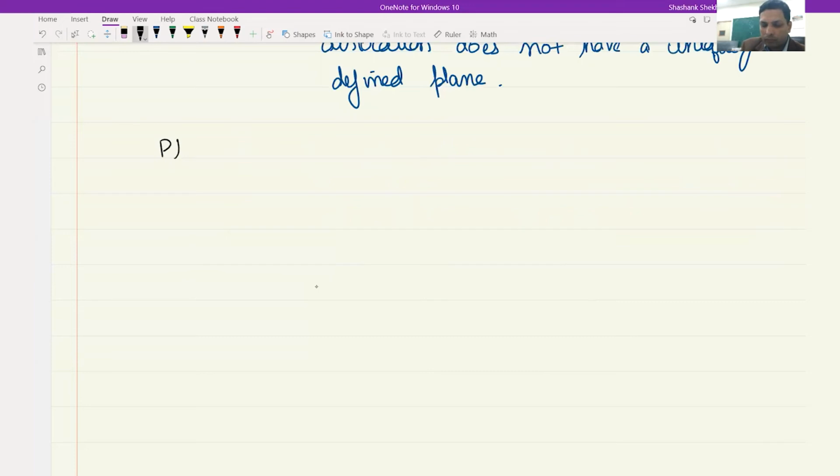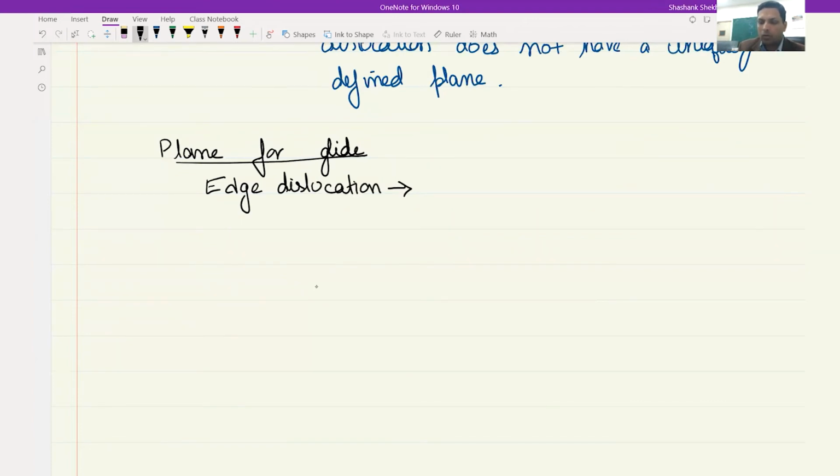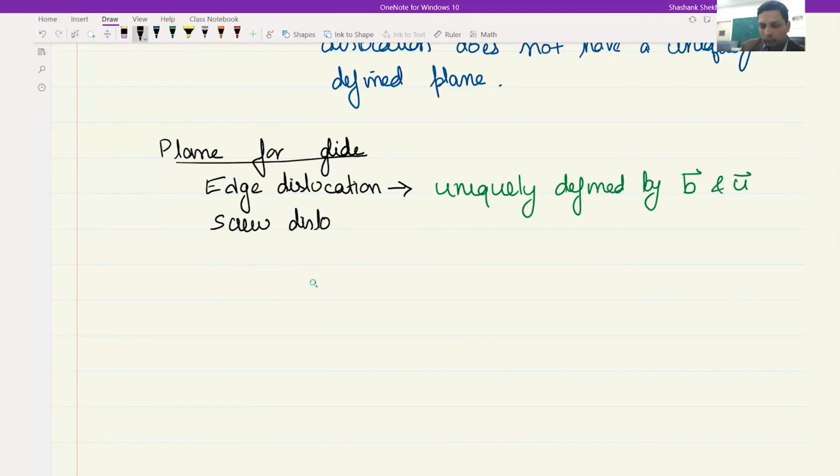Plane for glide: edge dislocation, uniquely defined by Burgers vector B and line vector U. For screw dislocation, Burgers vector and line vector are parallel. So not unique.